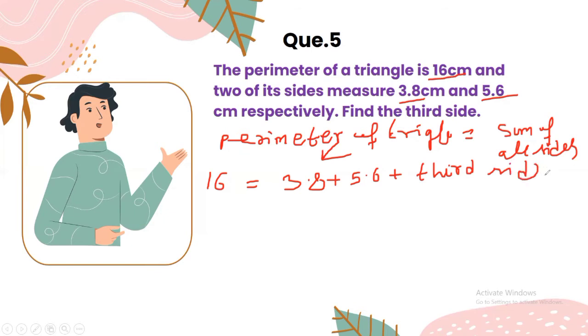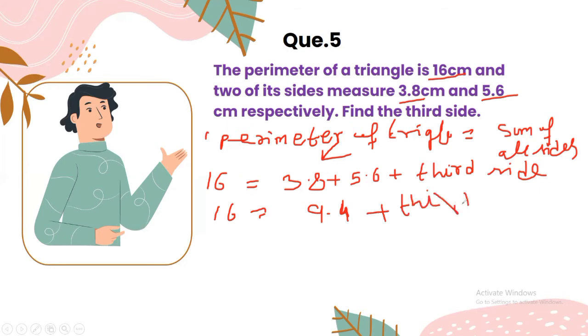Now you need to simplify this simply. So 16 is equal to, now 8 plus 8 will be 16, 1 carry, and 3 plus 5 will be 8, and 8 plus 1 will be 9, so 9.6 plus the third side. Got it?